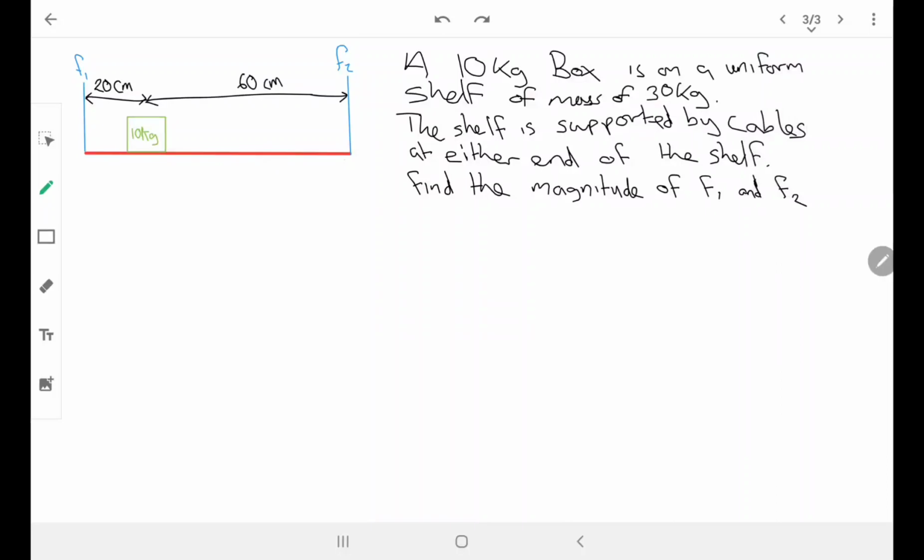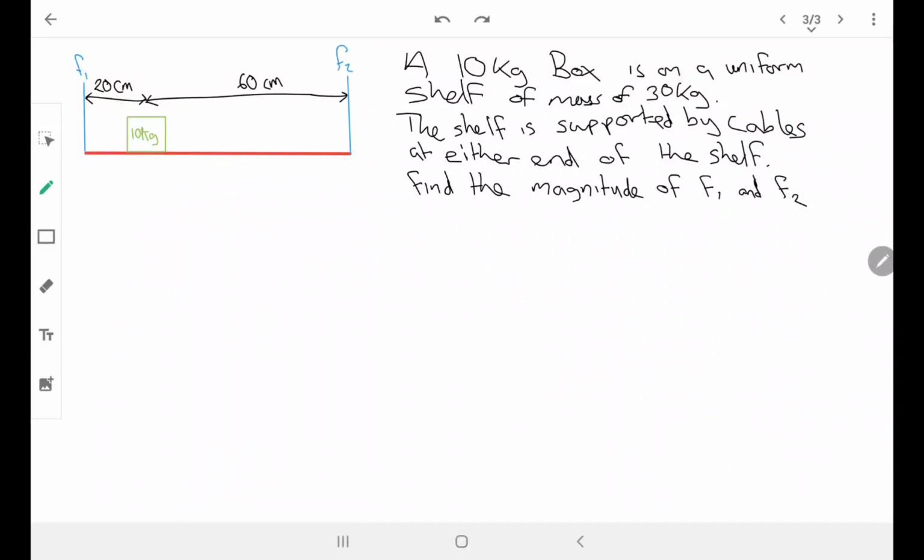So let's have a little look at another question. This one here, we have a shelf, and it's going to be supported by 2 forces at either end. It could be wires, it could be whatever the shelf is. And on that shelf there is a box of 10 kilograms, and it's 20 centimeters from the edge, and the shelf itself has a mass of 30 kilograms.